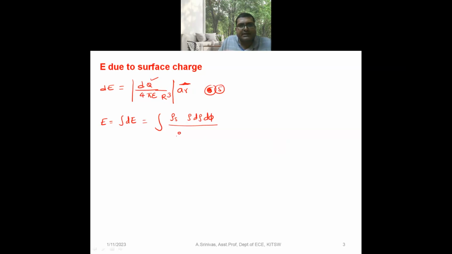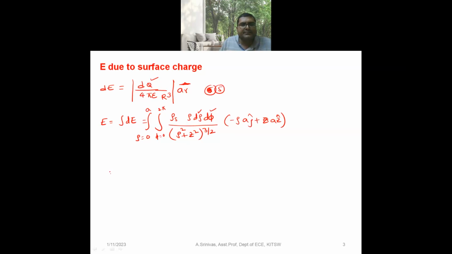R cube is rho square plus z square power 3 by 2, and ar bar is minus rho a rho cap plus z a z cap. Now here the integration is with respect to rho and phi. It is a double integral, rho ranging from 0 to a, phi ranging from 0 to 2 pi.